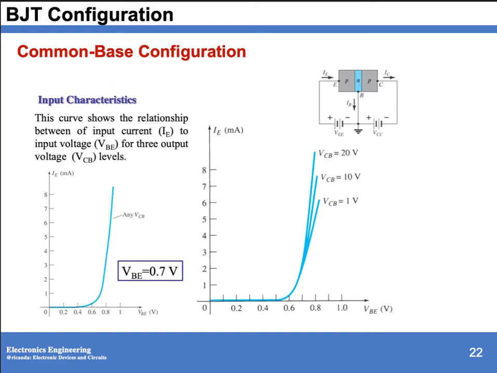We call that, as in your diode topic, the knee voltage. For silicon, it is approximately 0.7, and for germanium, 0.3 volts. But germanium is seldom used as a material in making a bipolar junction transistor. Usually, it is silicon.